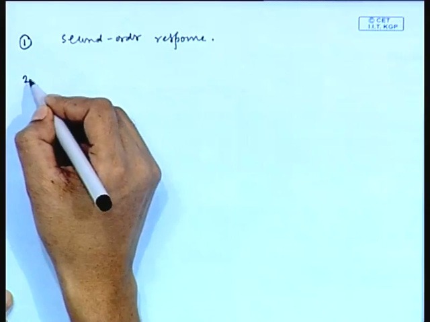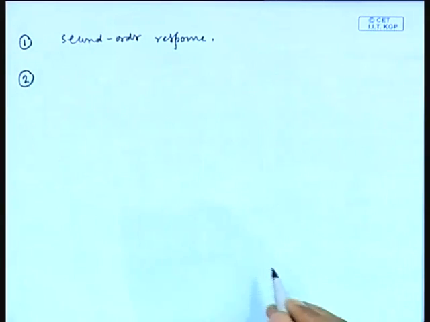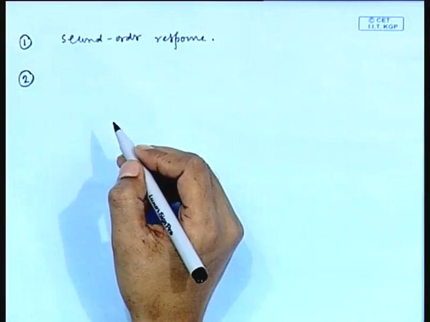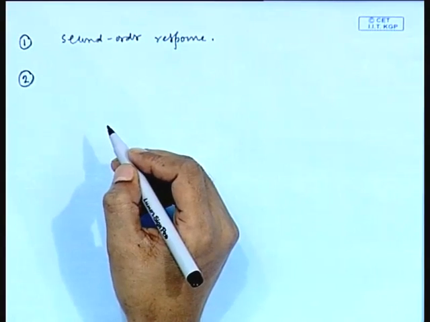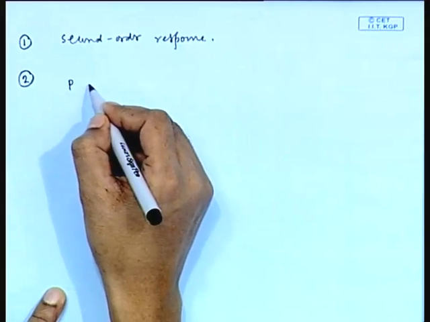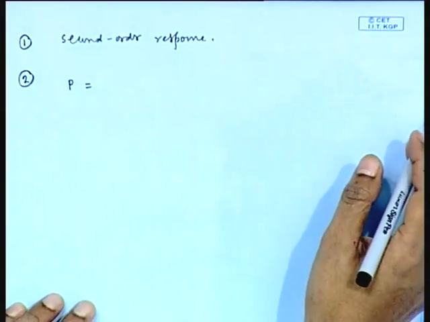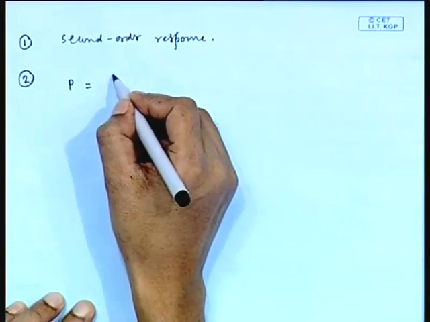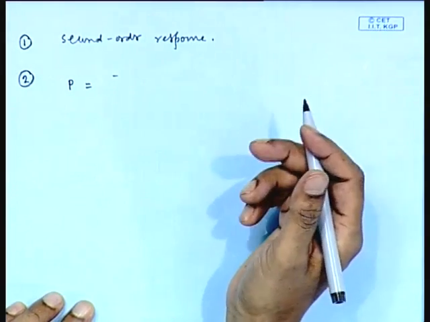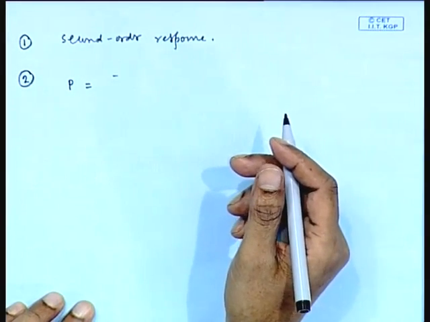Second conclusion, in the second conclusion, we wish to first find the roots. What are the roots? There are two roots, because if you see the denominator, that is a second order polynomial, that is a quadratic, that is given in quadratic form.